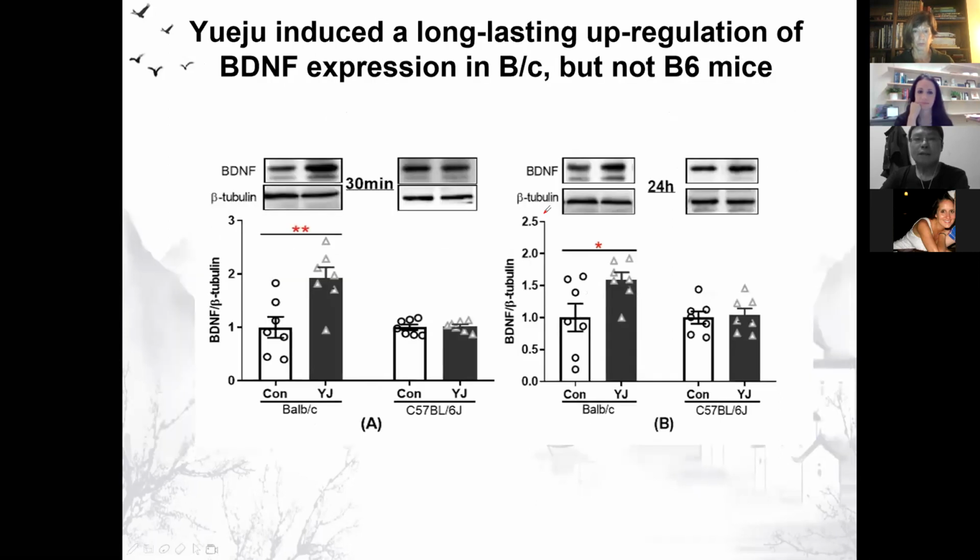Moreover, we tested the expression of BDNF in the hippocampus. BDNF protein expression rapidly increased in the hippocampus of BALB/c mice at 30 minutes and 24 hours after a single dose of yuezhi, without alteration in B6J mice.